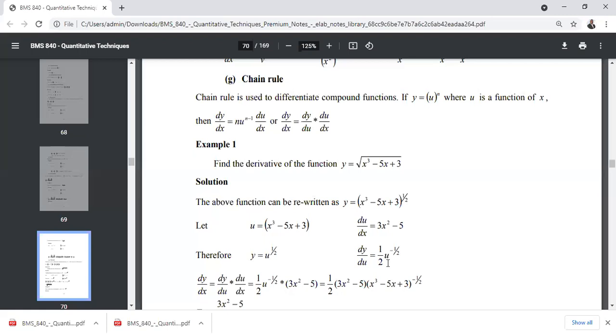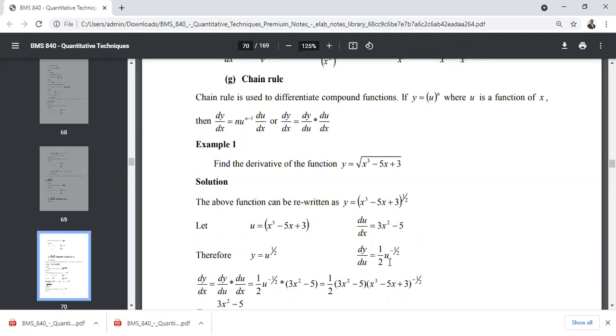You can see when we are getting the derivative of a fraction, remember we are subtracting 1, so we'll always be left with a negative. If we were to simplify, this is the same as 1 over 2 square root of u, right?